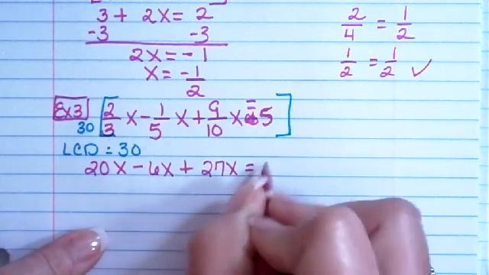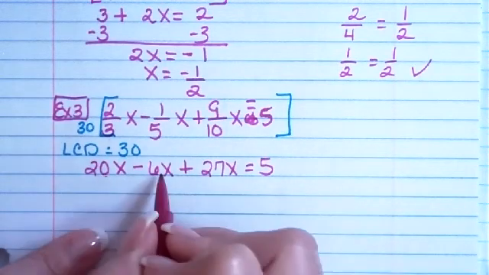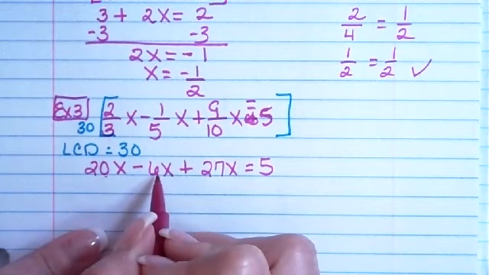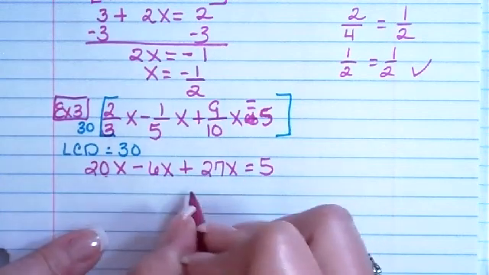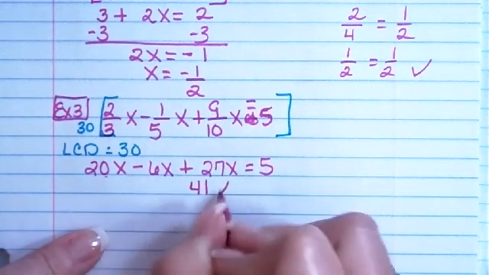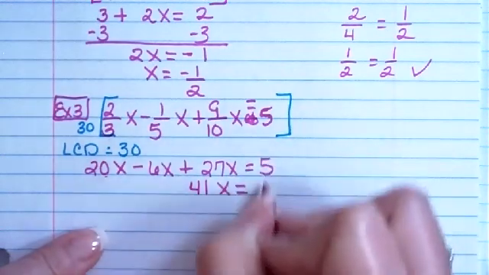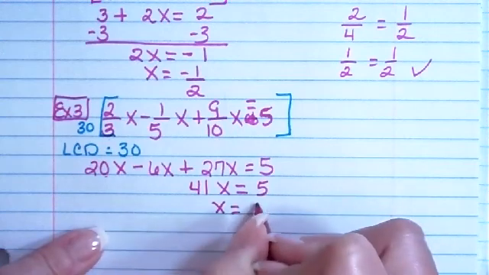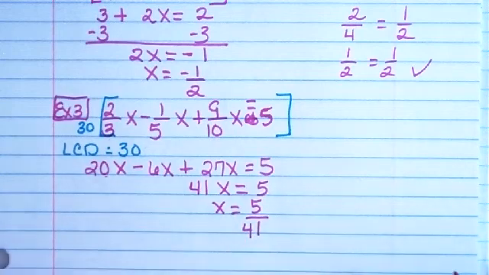And it's all equal to 5. Now, let's combine our like terms. 20x minus 6x is 14x, and 14x plus 27x is 41x, equal to 5. Then if I divide, x is equal to 5 over 41.